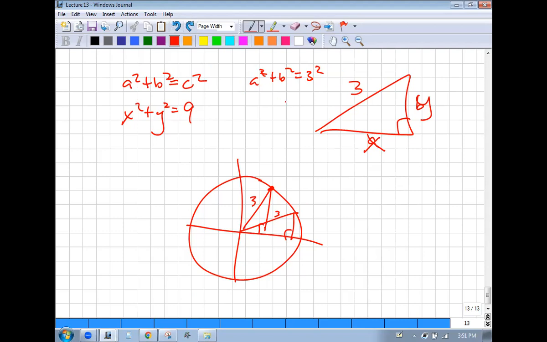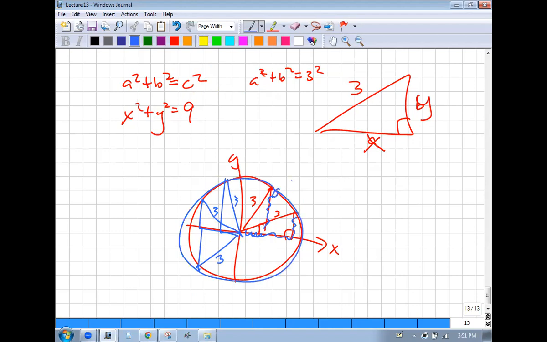Well, if you're calling these x and y, and you're putting it in an xy coordinate system, the collection of all right triangles of hypotenuse 3, every one of these, here's your x, here's the y. So the collection of all right triangles of hypotenuse 3 forms a circle.